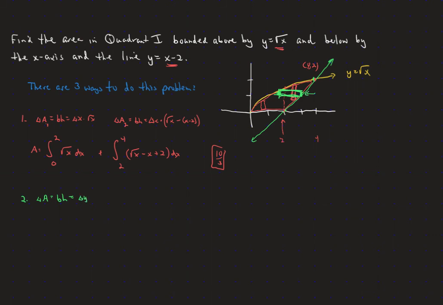Now, the base is going to be this length right here, which is always going to be the right curve minus the left curve. But you can see for our rectangles, because remember we're only worried about quadrant 1, our rectangles are always going to have a right curve, that's the line, and a left curve, that's going to be the yellow square root of x curve.